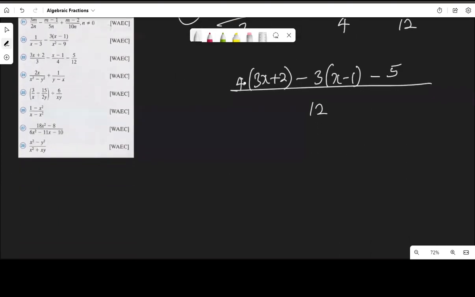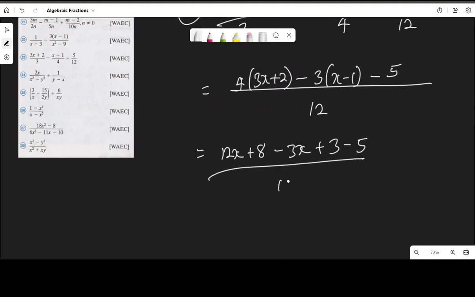And distributing this 4, we have 4 times 3x is 12x. 4 times 2 is 8. Negative 3 times x is negative 3x. Then negative 3 times negative 1 is positive 3. And minus this 5 all over 12.